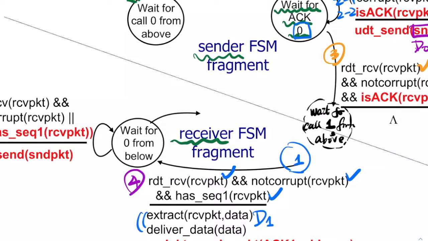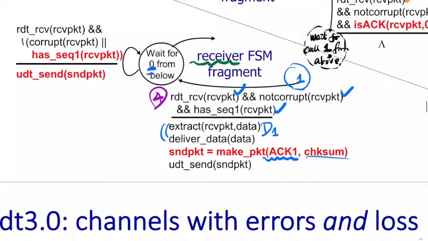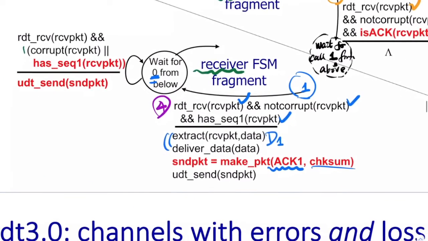After that, the receiver goes to the next state. Currently, the receiver is expecting the next packet, which is packet number 0, because we have only 2 sequence numbers, either 1 or 0. So after I receive packet number 1, the receiver is expecting packet number 0.